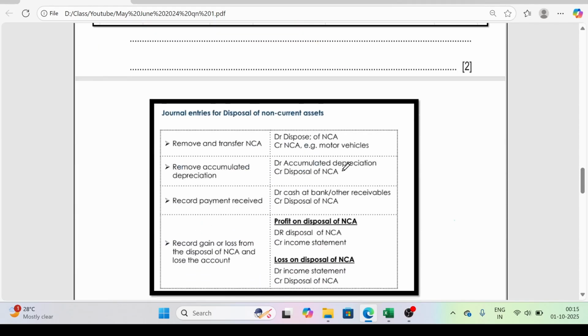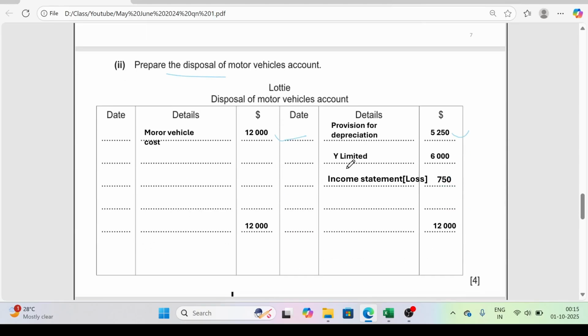See, credit Y Limited means, yeah. So how much money while selling this motor vehicle, Loti got 6,000 only. Okay, so this is the depreciation amount. This is the money she got while selling the motor vehicle. Now we have to balance it.